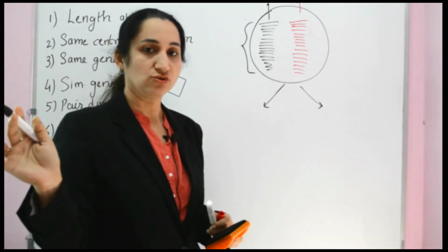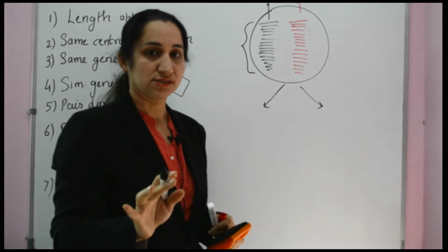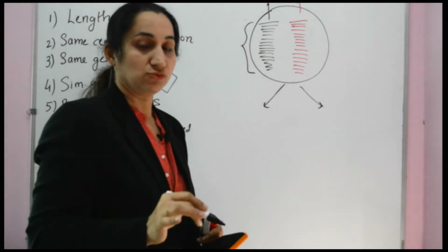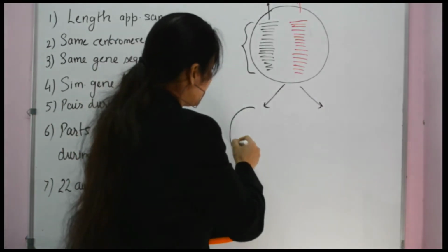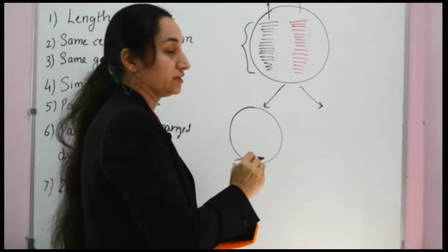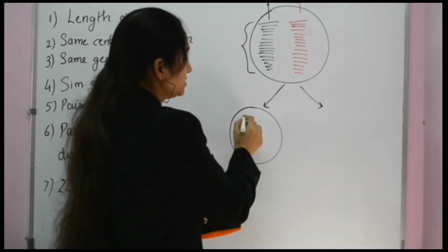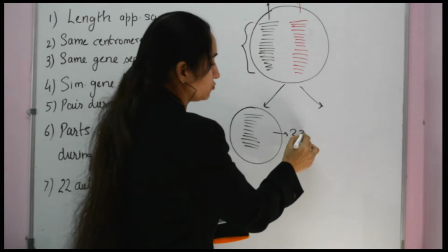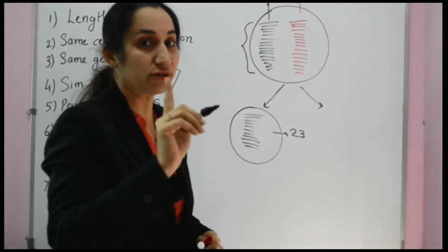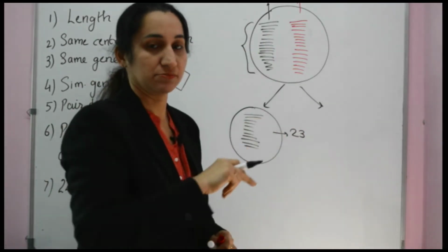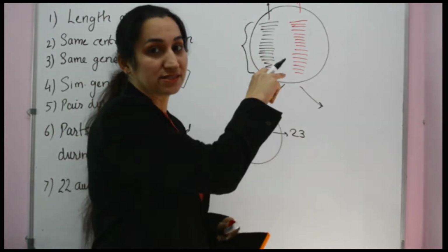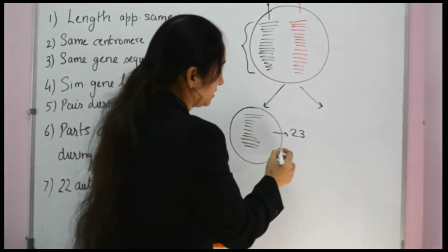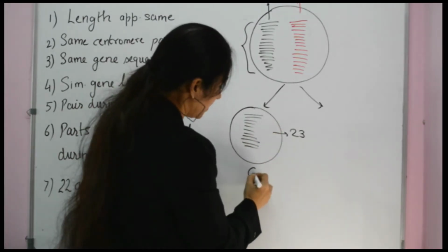In the last video, we talked about meiosis, and we came to know that the gametes formed by meiosis contain one full set of chromosomes, that is 23 chromosomes. Not 46. A diploid cell has 46 chromosomes, but this is a haploid cell.